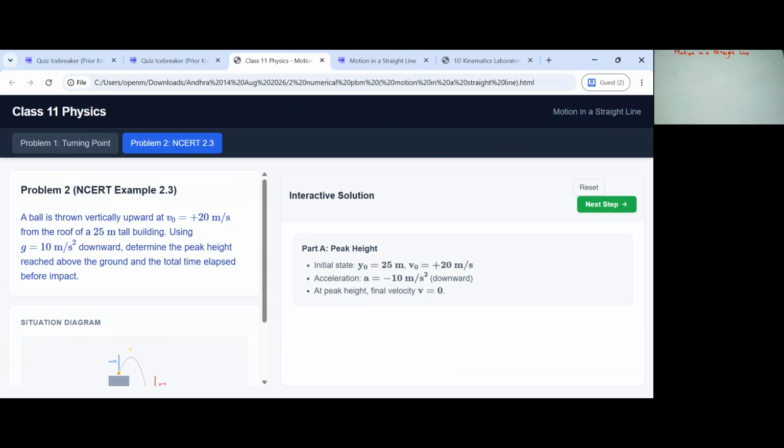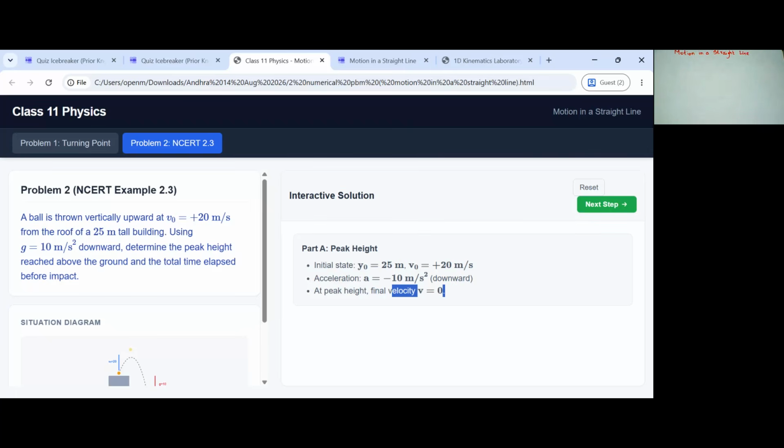At peak height, the final velocity v is equal to 0. Clear? Just like the car problem. What is the crucial physics condition at the peak height? Velocity is 0. Yeah, at the peak height, the very important keyword is that velocity is 0.